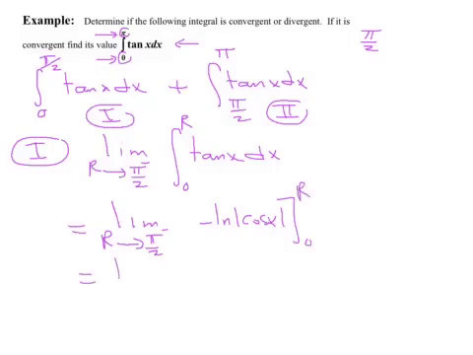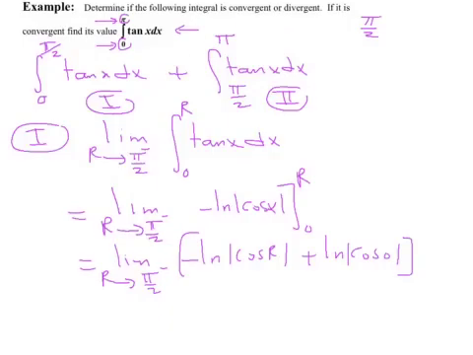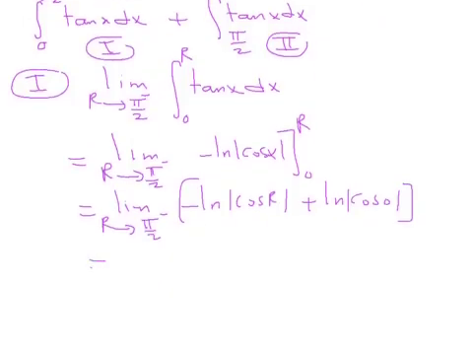Now, if you replace r, it will be minus ln cosine r plus ln cosine 0. Now we do the limit, put r equal to pi divided by 2, so we are going to have ln cosine pi divided by 2, and ln cosine 0 is ln 1.